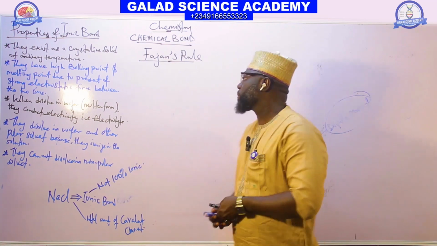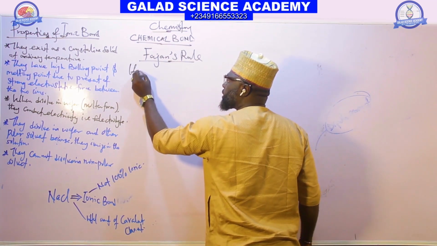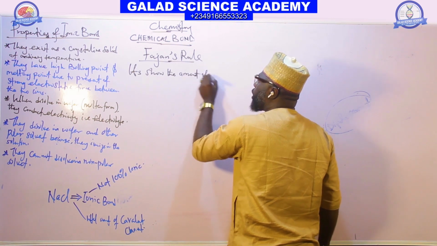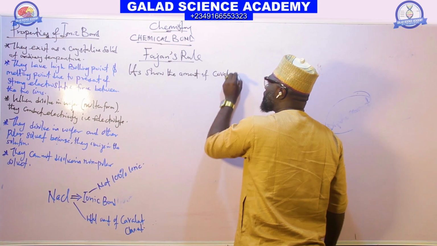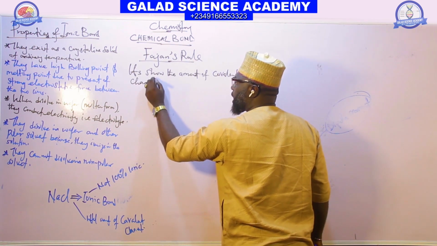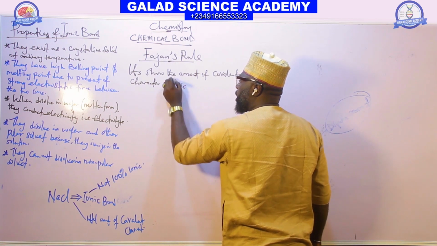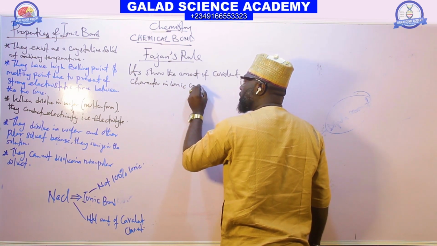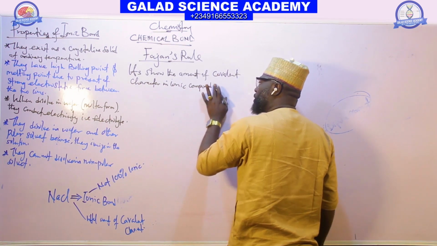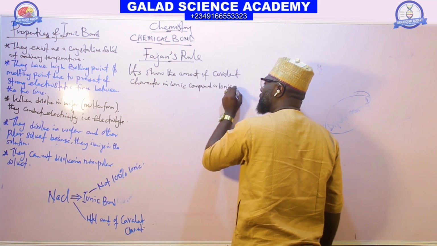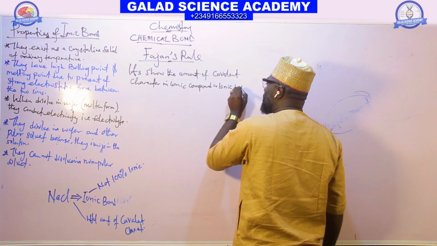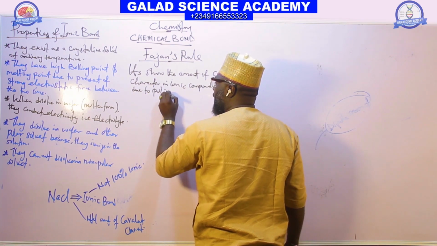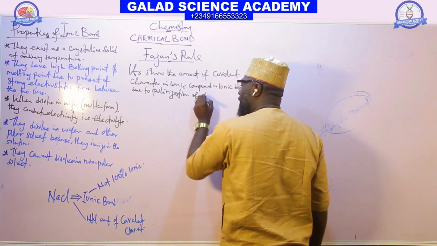Fajan's rule shows the amount of covalent character in an ionic compound, or ionic bond, due to polarization of ions.